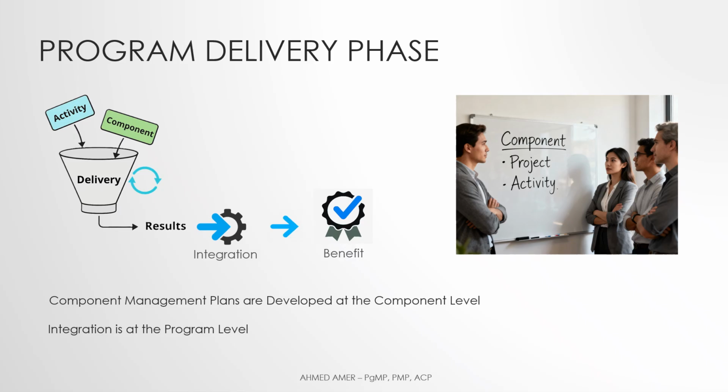This takes place to ensure alignment with the program direction to deliver the program benefits. The interactions among components are managed throughout the program in order to set the program for success. These interactions can take place to accomplish goals, manage changes, and address risks and issues.